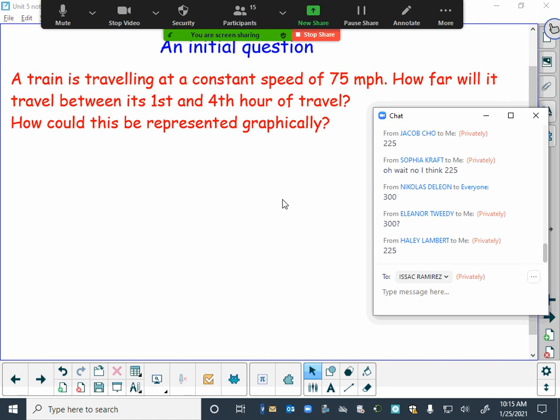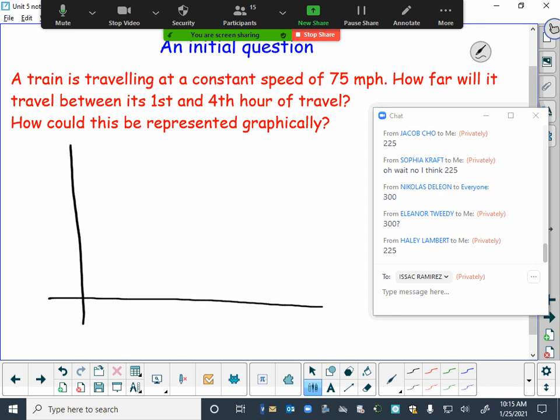Okay. But how could this, or why would we even bother wanting to represent this graphically? Well, if I did represent it graphically, usually I've got time involved here, and so maybe putting my 4 hours on the x-axis, time usually goes on the x-axis.